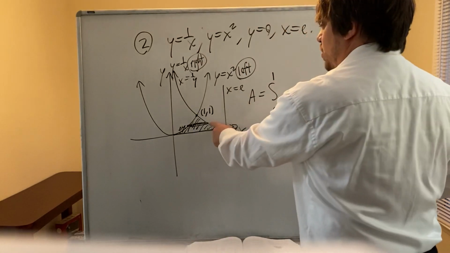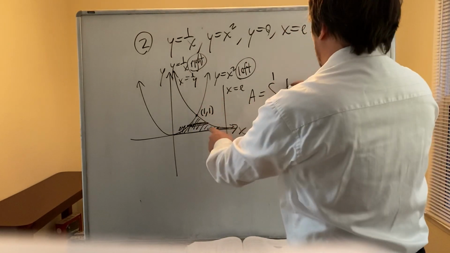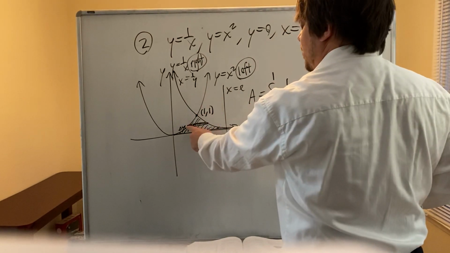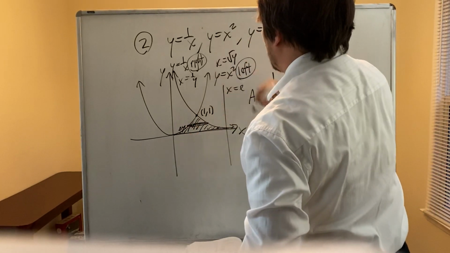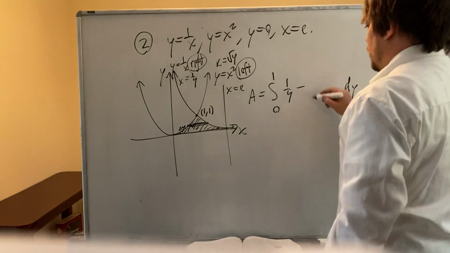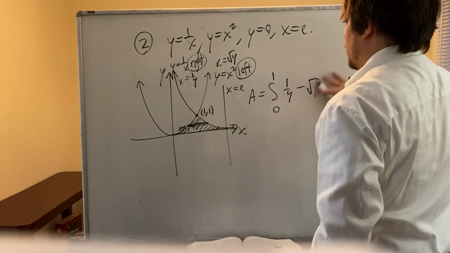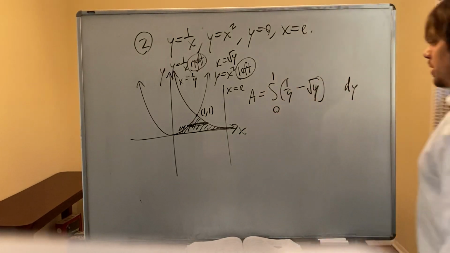The rightmost x value is equal to 1 over y, minus the left x value, which is equal to the square root of y. So that's the integral of 1 over y minus the square root of y, dy.